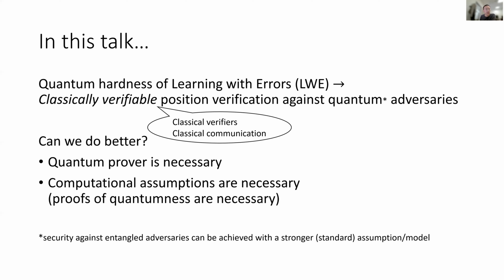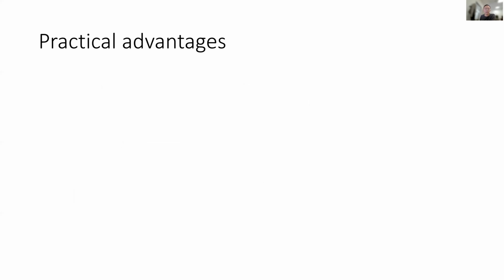So before I go into the construction, let me first motivate why it is a good idea to have classical communication, or classically verifiable position verifications, from a practical perspective. The most important thing is that for position verification, the only reasonable model of communication is wireless communication, or free space communication.